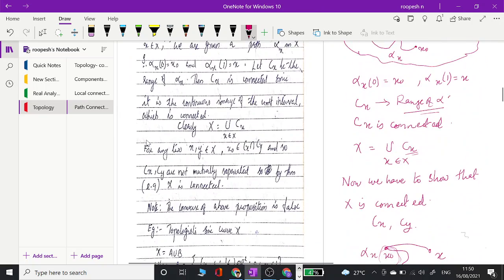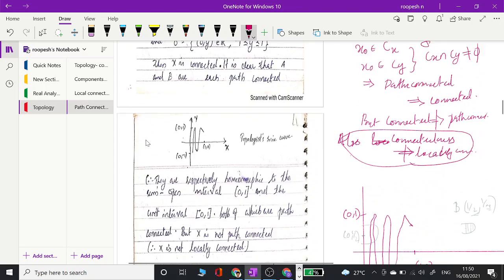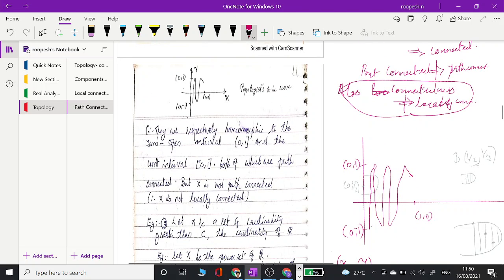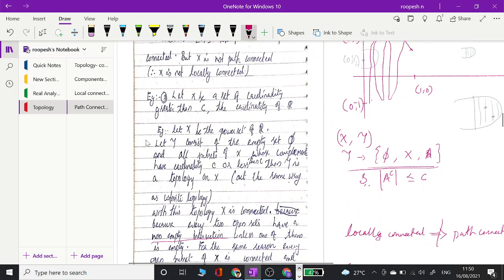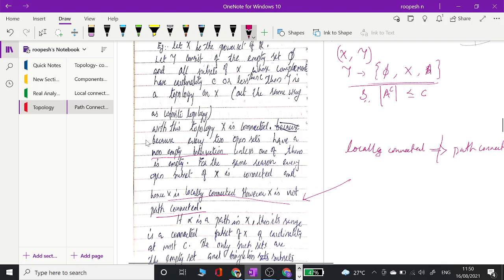The example is the topologist's sine curve, and we have seen that the topologist's sine curve is not locally connected also. And next, we saw another example which shows that local connectedness does not imply path connectedness, right?